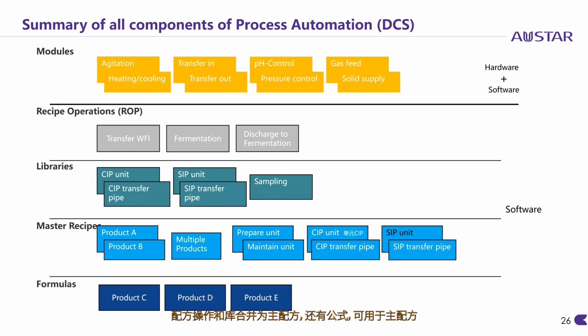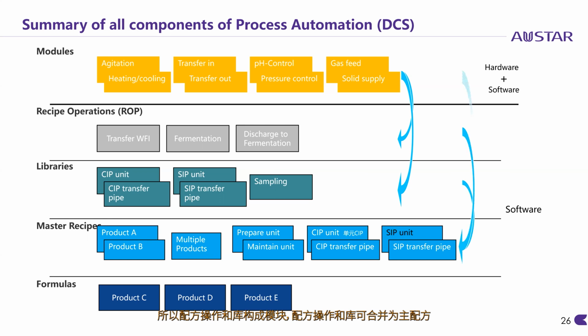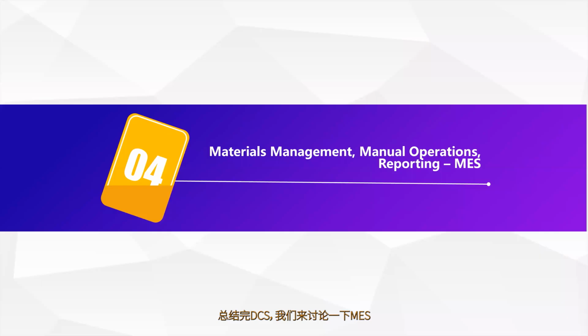And what we also have are so-called formulas, sets of values that we can then apply to the master recipes. The recipe operations and libraries are built of modules, and the master recipes are built of recipe operations and libraries. Now, this concludes the DCS part, and I would like to move to MES.